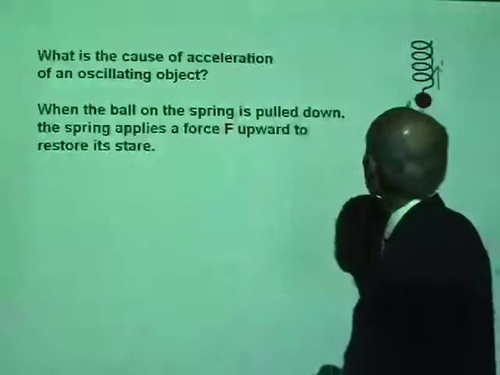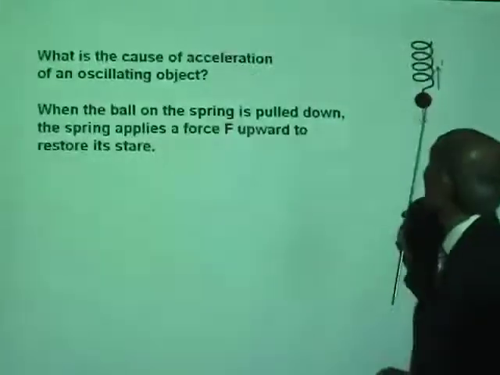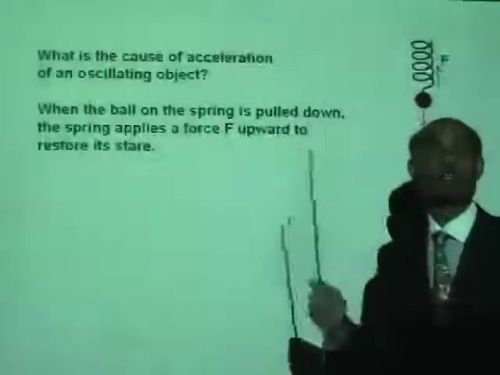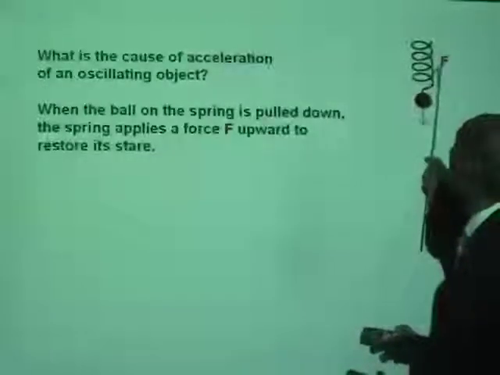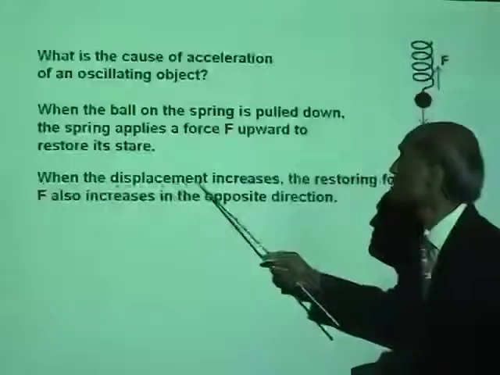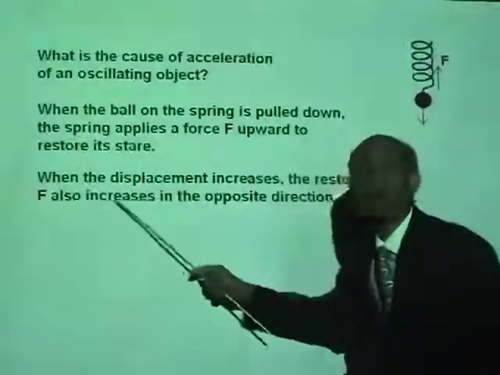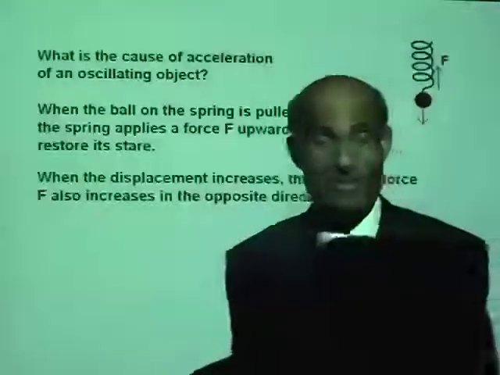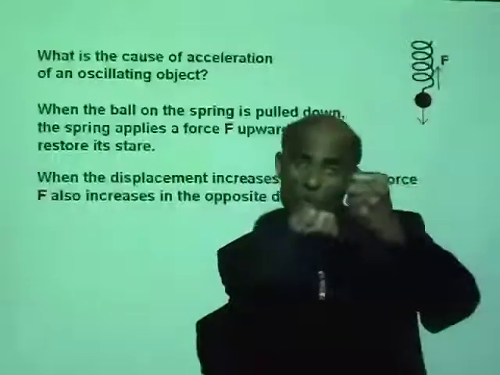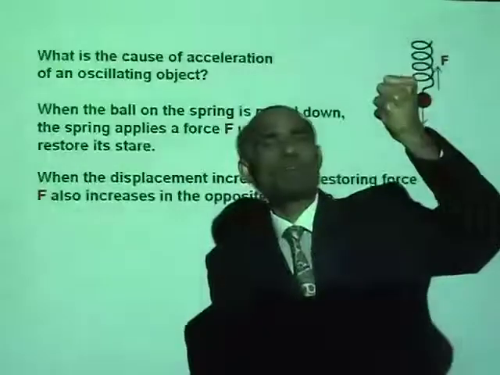When the ball on the spring is pulled down, the spring applies a force upward to restore its position. You see that? When the displacement increases, the restoring force F also increases. You pull the spring more, the spring will pull you back with a greater force.